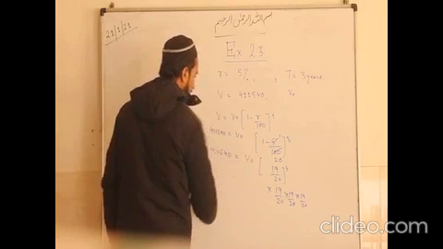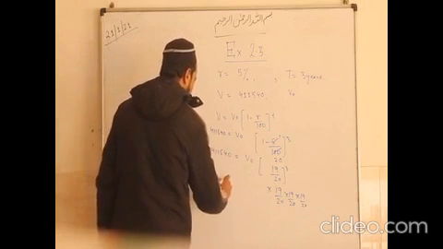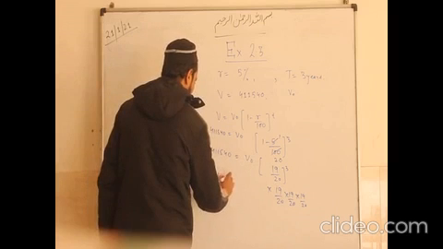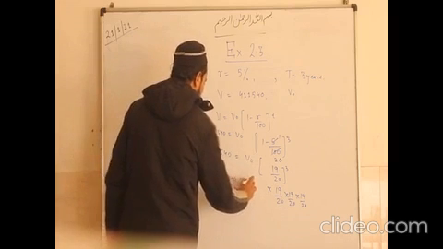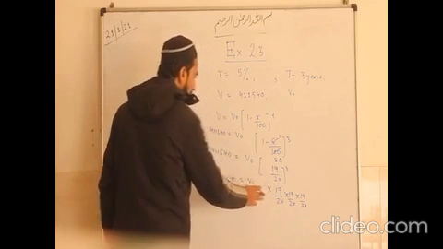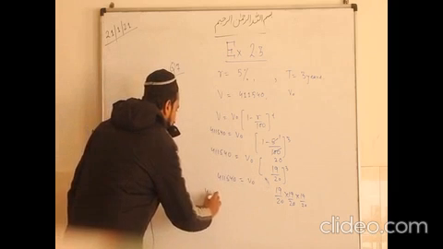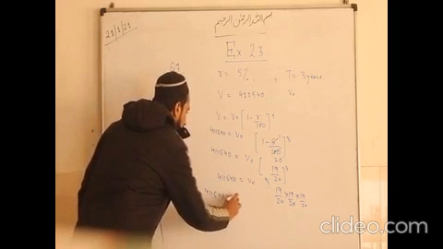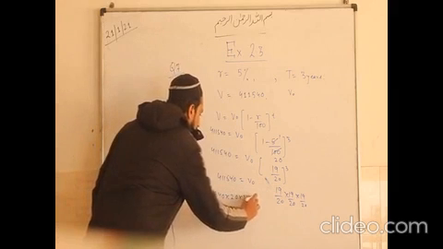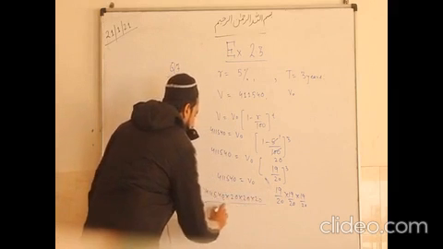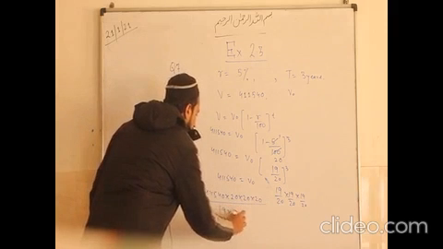Equals V naught, and it will be, okay, these are multiplying. So we have to find this. It means 411540 into 20 into 20 into 20, and this will be 19 into 19 into 19.